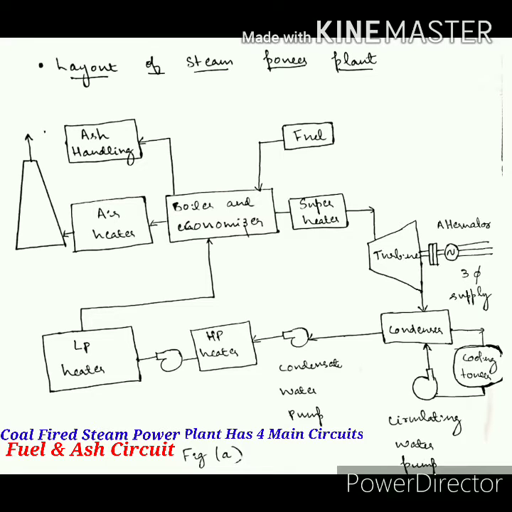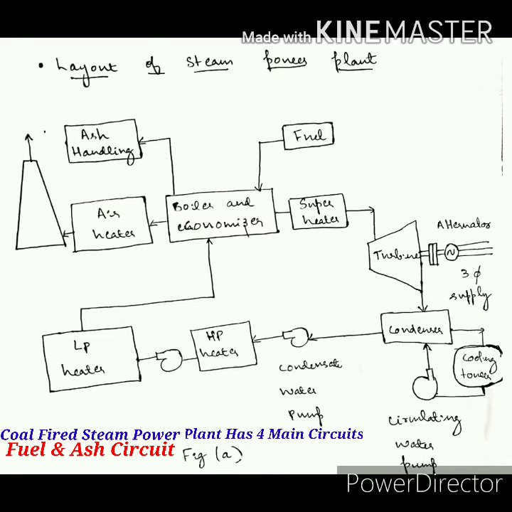Now the fuel is to be fed to the boiler through a conveyor belt. But we have to keep one thing in mind: before feeding it to the boiler, the coal has to be brought to a particular size so that we can achieve complete burning and get maximum efficiency and maximum energy.